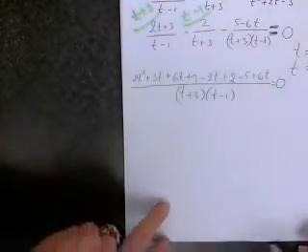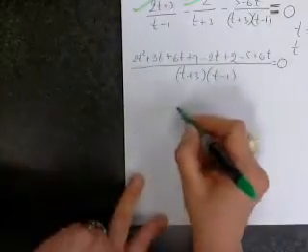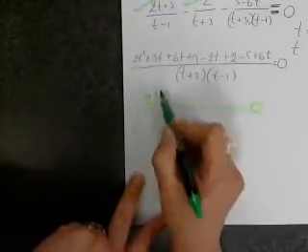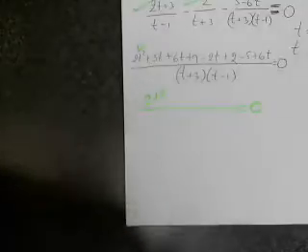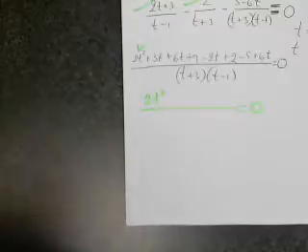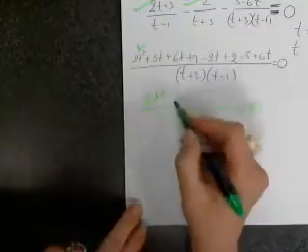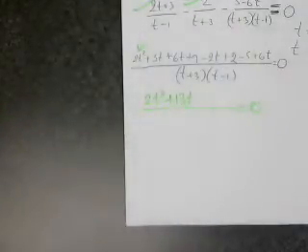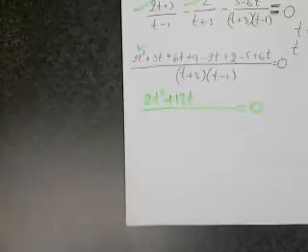Good, I'm ready. So 2t squared is the first term. Done. Then I have 3t, 6t, negative 2t, and 6t. I think so. Because I have 6 plus 6 is 12, plus 3 is 15, and minus 2 is 13.